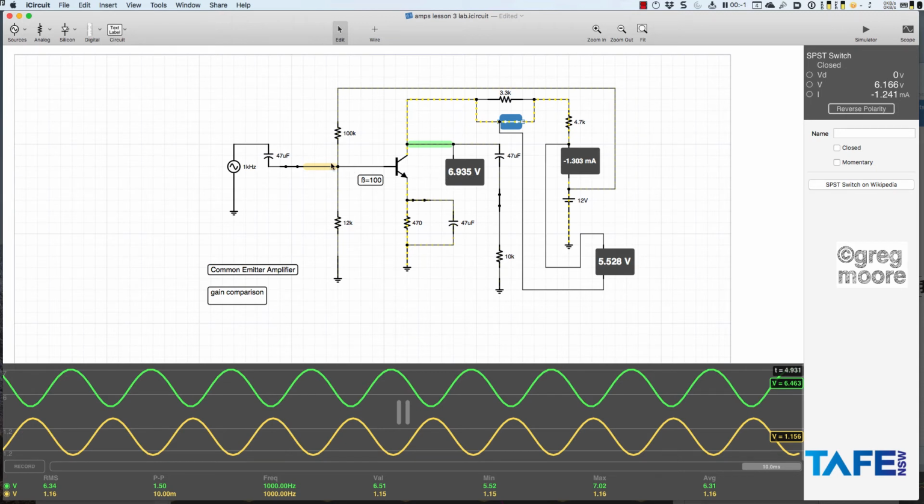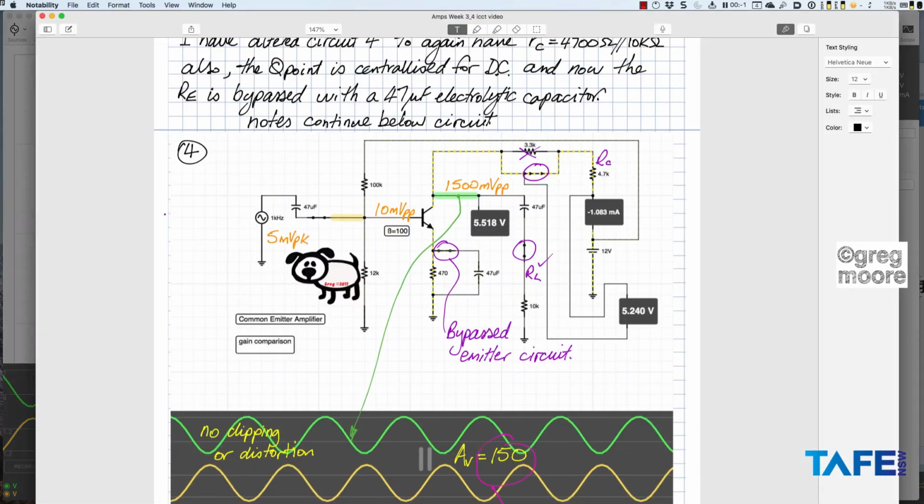It's because we've got the current changing, and that voltage is constantly swinging up and down at the rate of the frequency going into the input, which is 1,000 times a second. So we've got 1.5 volts peak to peak in the green occurring there, 10 millivolts there. So that's my 150 times gain occurring in that circuit in real time.